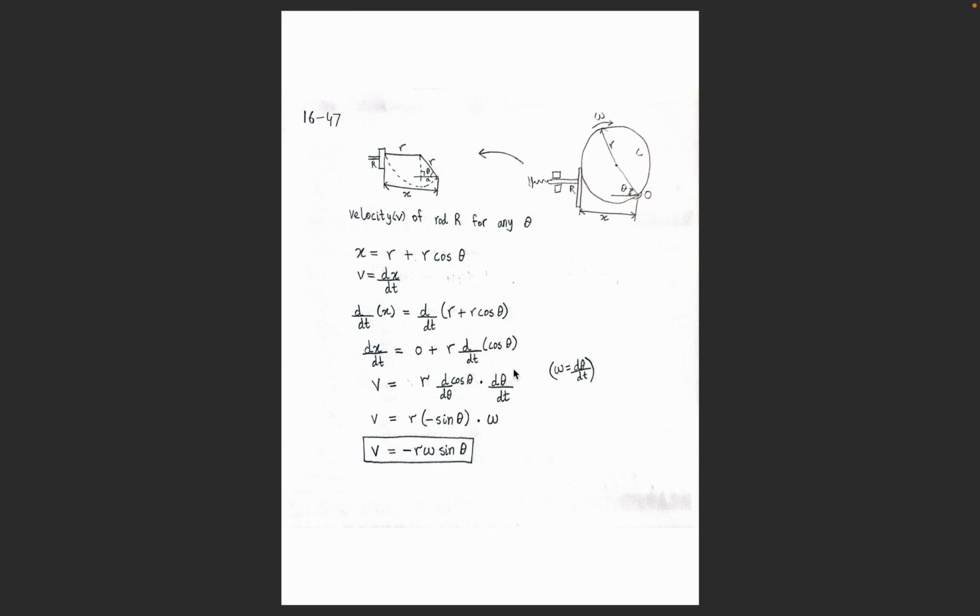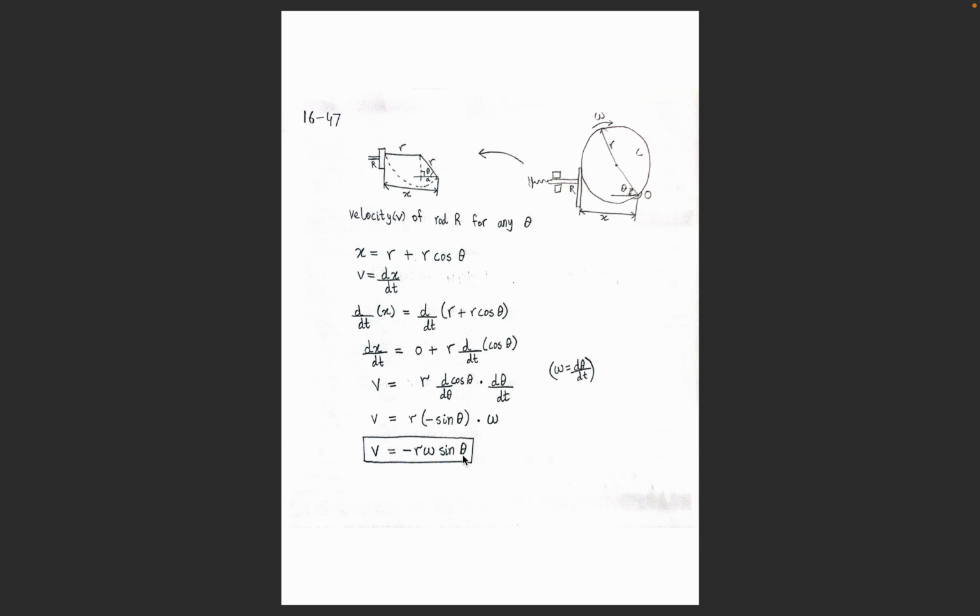As you know, d theta over dt is equal to omega, which is the angular velocity. All of them are multiplied with each other. As we simplify our solution, it becomes v is equal to minus R omega sine theta. So this is the velocity of rod R for any theta.